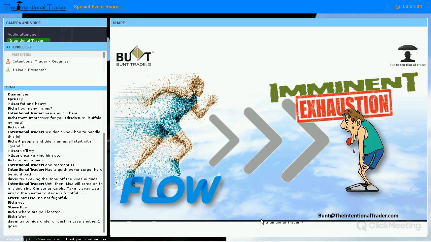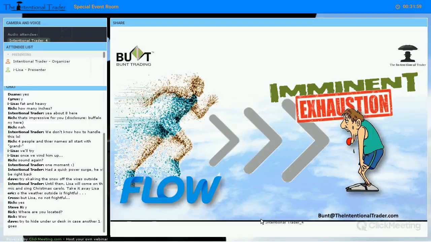So the better we get at measuring the flow, the better we are at anticipating the exhaustion, right? So if we know that there's a really strong flow, and that's happening right now, we know with a high degree of confidence what's likely to be happening next, and that's what gives us our edge, okay?